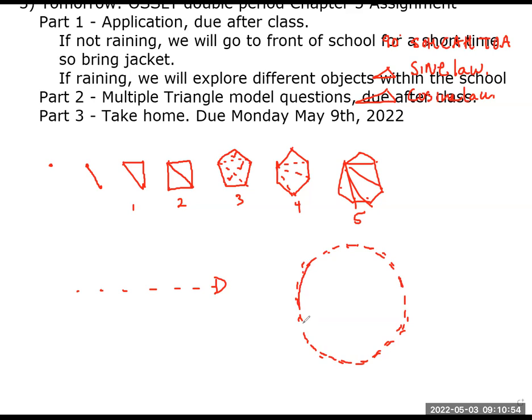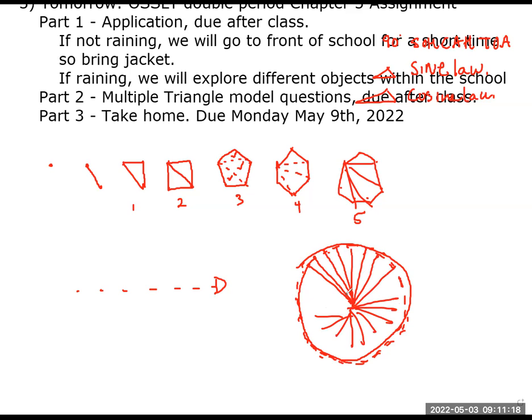If I were to connect all the dots, that shape looks more like a circle. So if you ever venture out into university or whatever, you will see that even a circle is talked about as a million triangles touching each other, connected to each other.